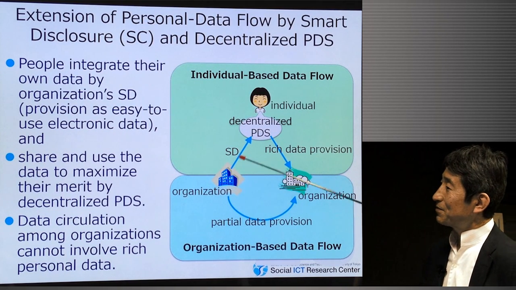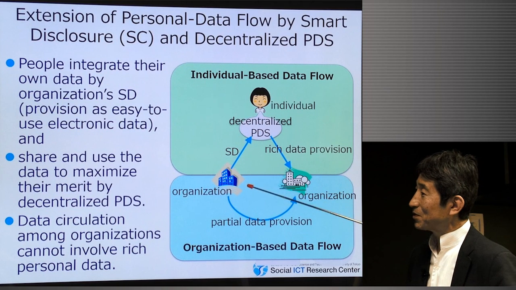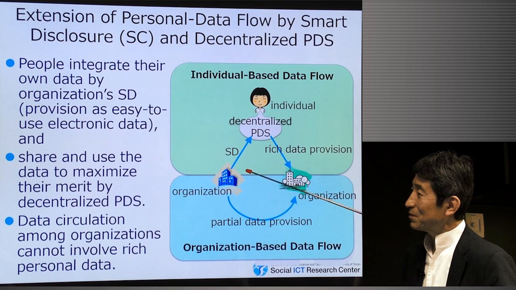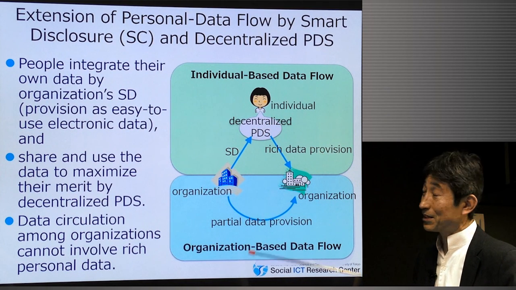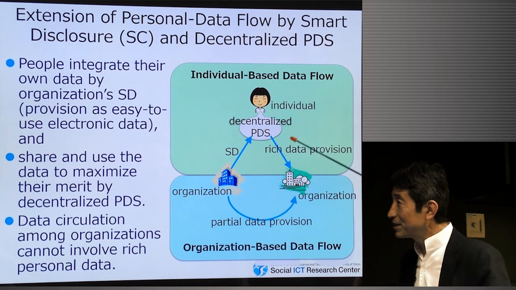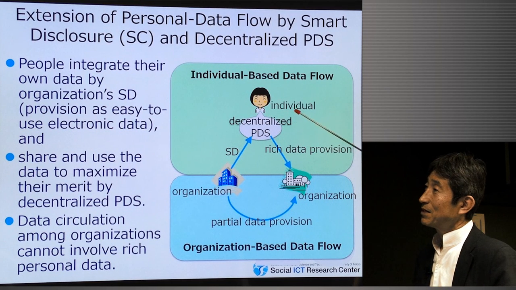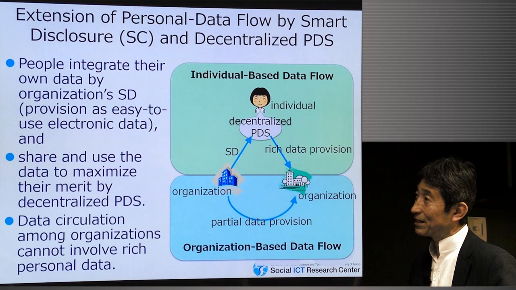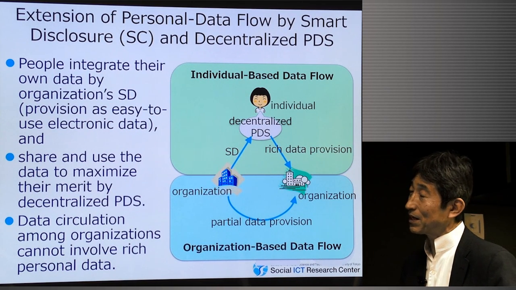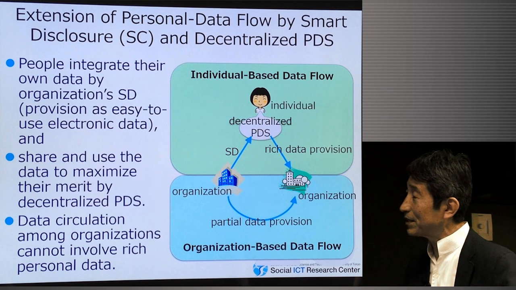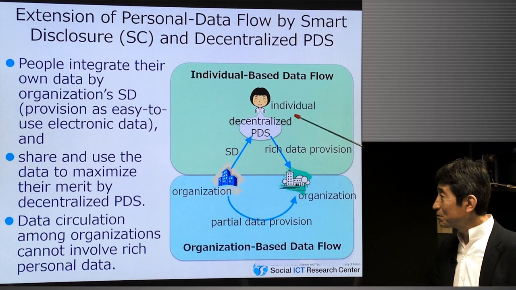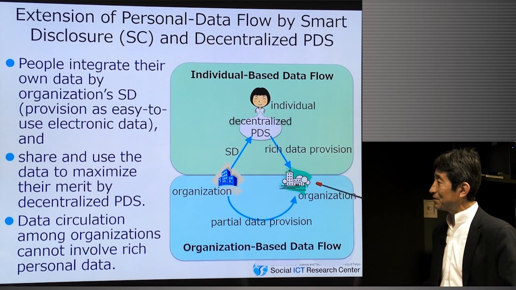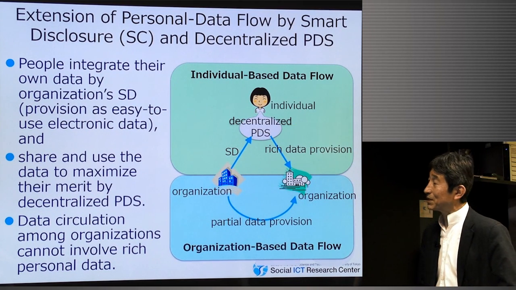So if vendors provide personal data they own to the data subject, then the data subject will be able to manage that data by using PLR or decentralized PDS in order to provide that data to another organization or vendor or some other people as well.